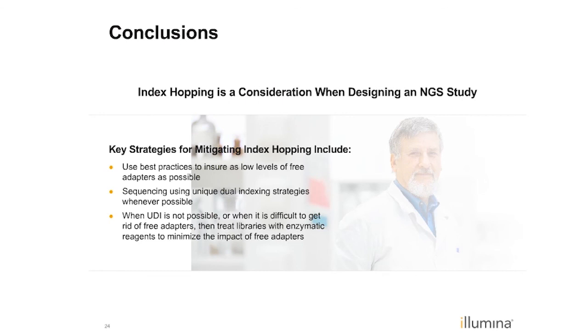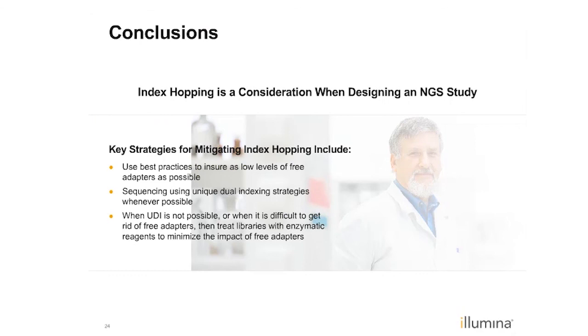So the conclusions from this talk: hopefully you realize that probably the best thing to do with any of your preps is to use these best practices to ensure that you have as low levels of free adapter as possible. Even if you are using unique dual indexes and you can filter it out and you don't have to worry about it contaminating your data set, you still don't want to filter out more data than is necessary.